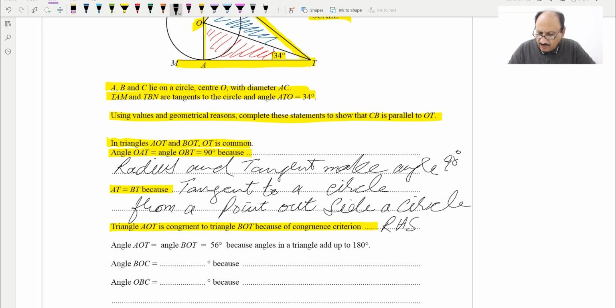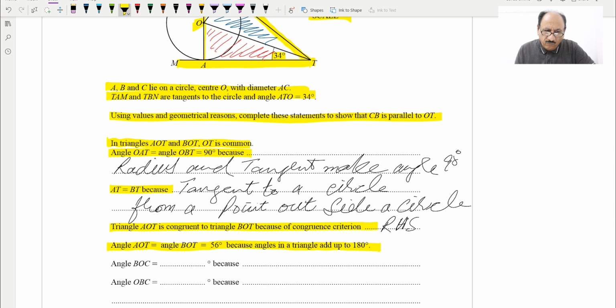This is the property we will be using, and you must know the angle-side-angle theorems and the RHS theorem. Hopefully you know this. Angle AOT is equal to BOT, which is 56, because angles in a triangle add up to 180 degrees.